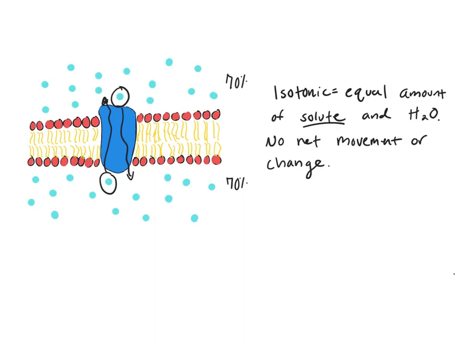It's important to note that this means that there is an equal amount of solute, sugars, salts, and things, and water, which is going to lead to no net change, or percent change, in mass. This is exactly what we saw in our experiment when we were looking for that 0% change to figure out how much solute was in the cell.